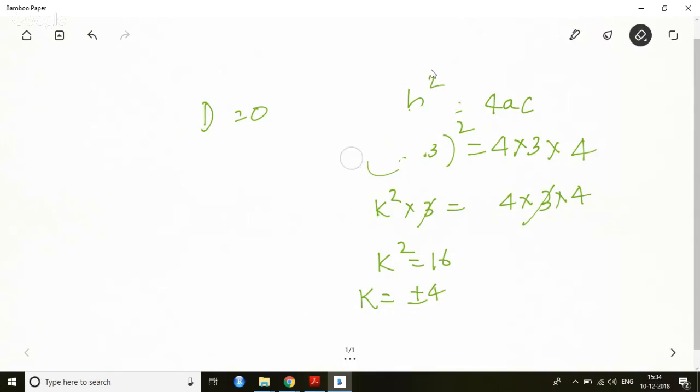Question number 3 tells me to find the 11th term of the series. So I can see that a is equal to 27.